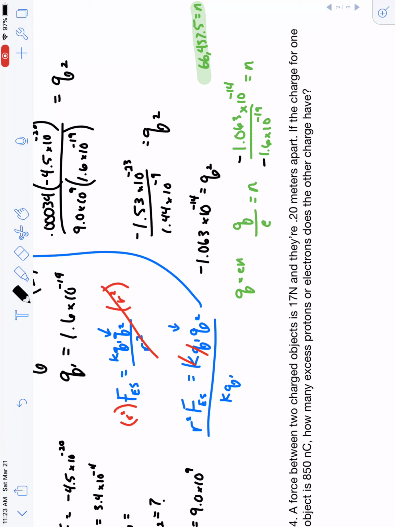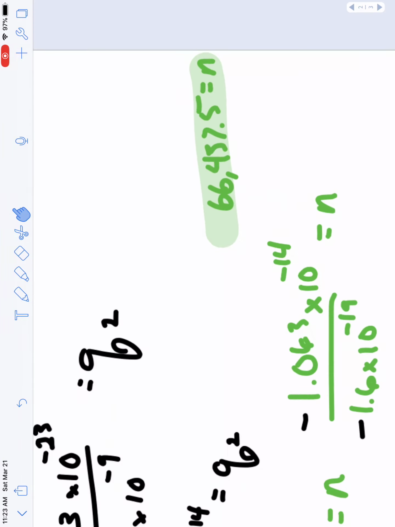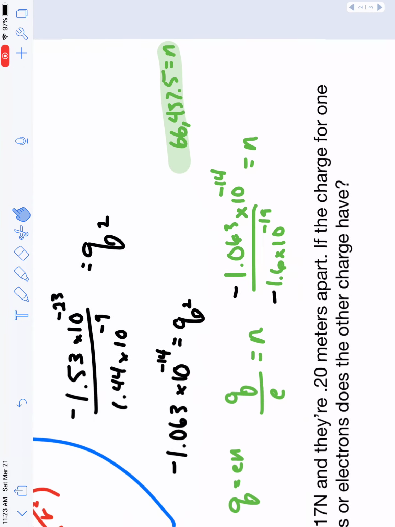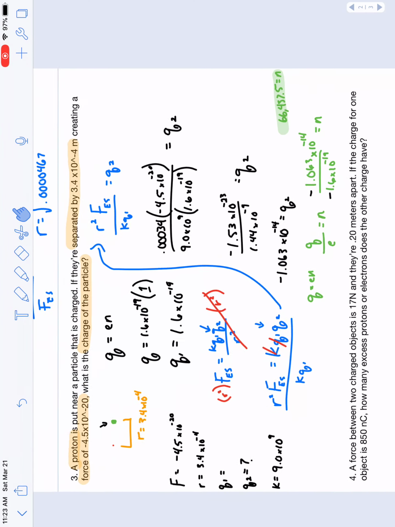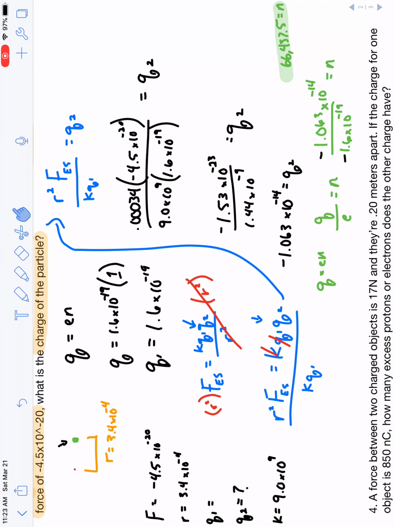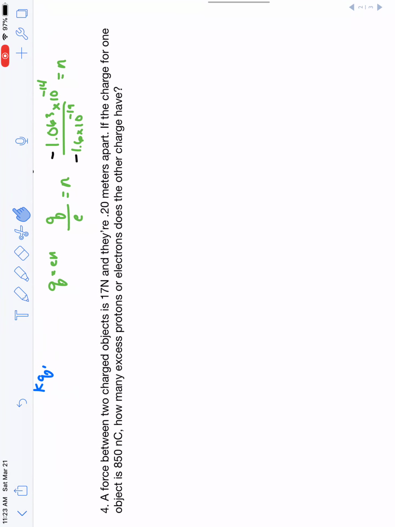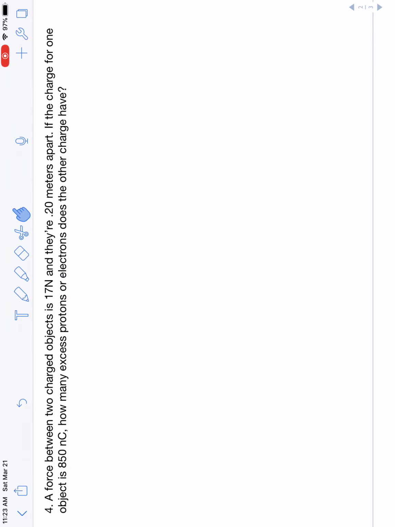The negative divided by a negative should give us a positive number. Now, let's say, AP guys, this number was just 66,437 on the dot. Then that charge is possible, because that number is a whole number. That would work. But in this case, we got that 0.5, so it is not a possible charge. That's something that you'll need for the AP test and possibly on the test on Monday.